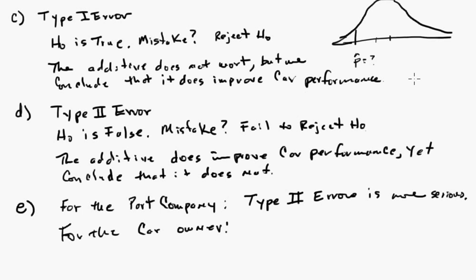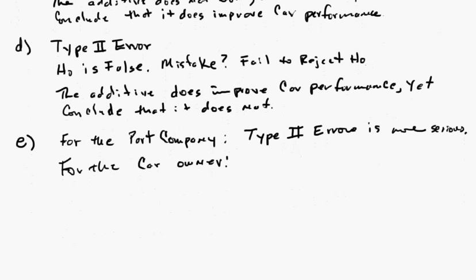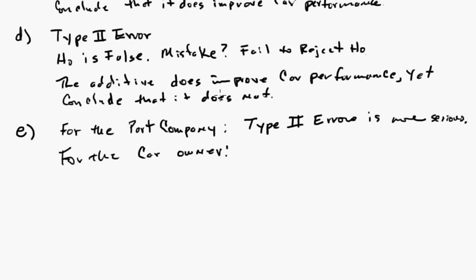Okay? I also would be disappointed to find out that there was an additive I could put in my car to improve its performance and to reduce my cost of repairs. So both errors are kind of serious, but I probably would say a type 1 error is worse, is more serious.